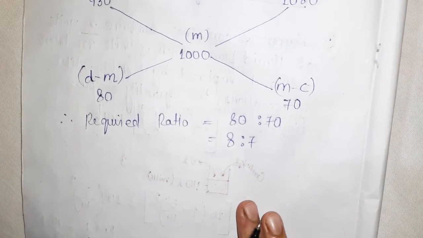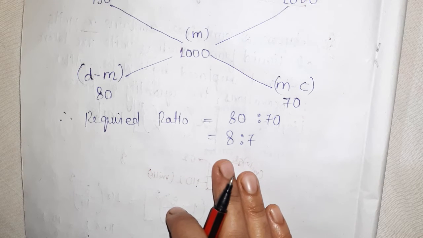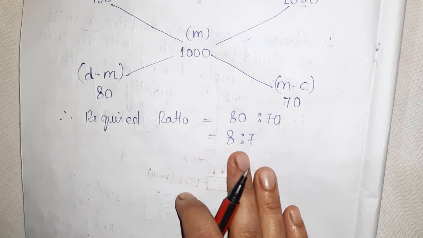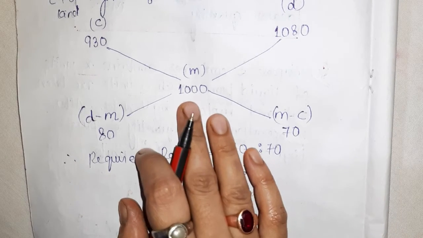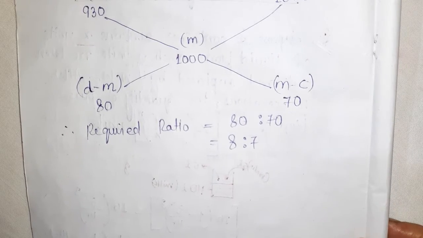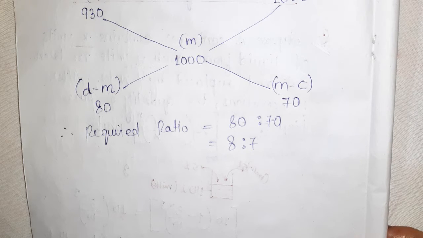Means you have to mix the two types of rice in the ratio 8:7, so that your mixture will cost rupees 10 per kg, right? Next question.